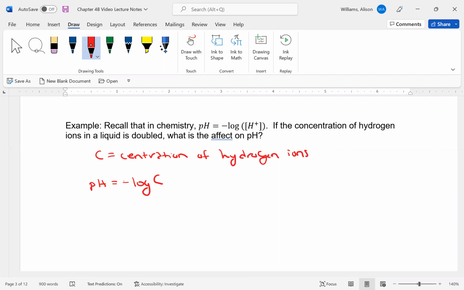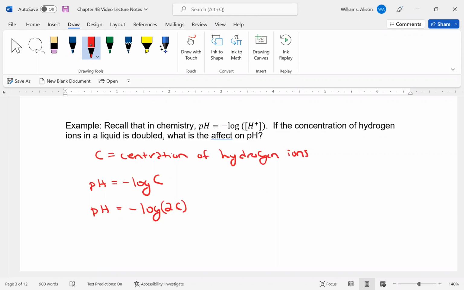So now if we double the concentration, that's just what this is saying. If the concentration of hydrogen ions in a liquid is doubled, what is the effect on pH? So if I double it, that means I'm literally looking at 2C. Okay, now this one I'll put parentheses around since they're both part of what we're looking at. Okay, and you're like, all right, that's interesting.